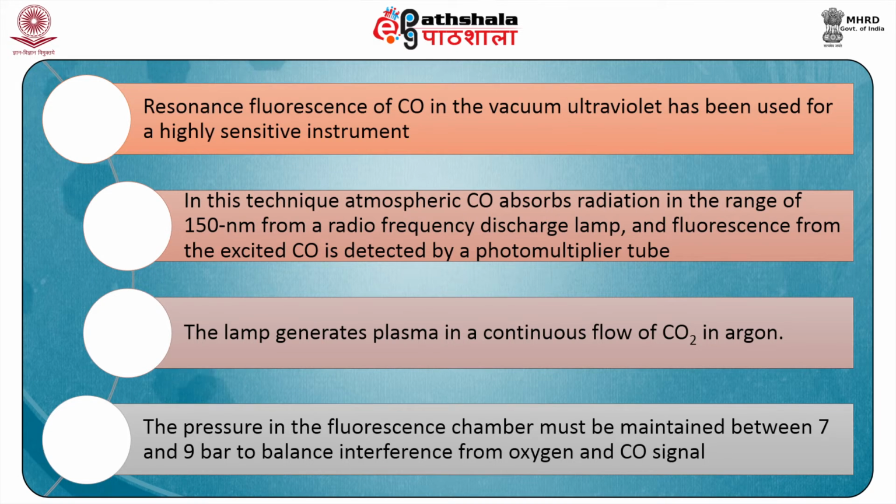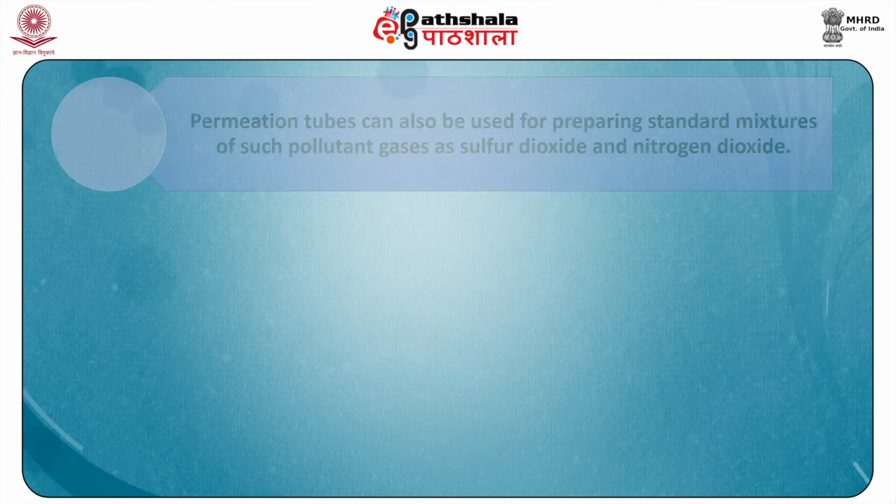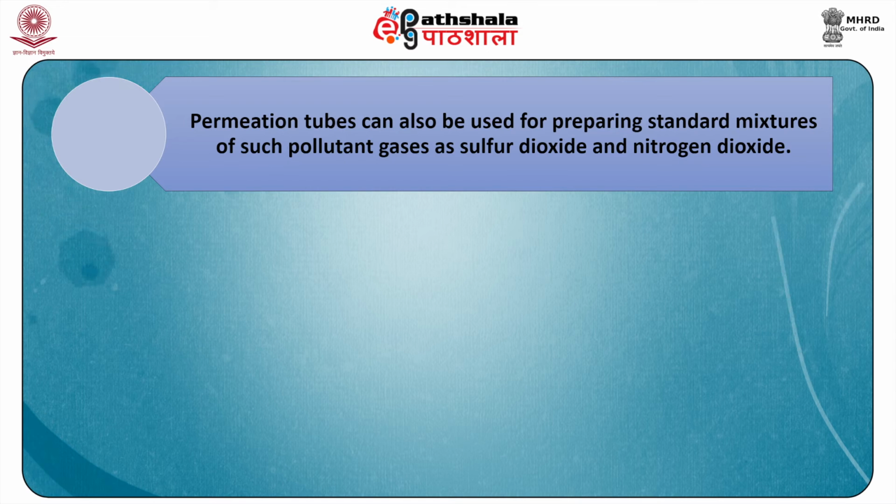to balance interference from oxygen and the carbon monoxide signal. Permeation tubes can also be used for preparing standard mixtures of such pollutant gases as sulfur dioxide and nitrogen dioxide.